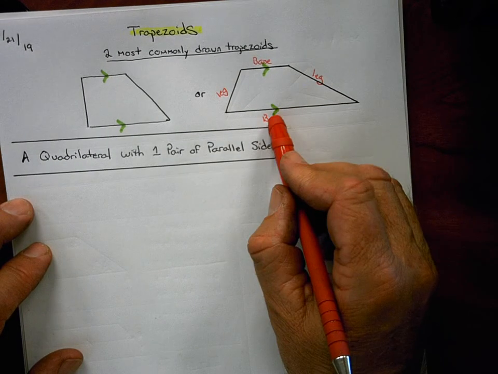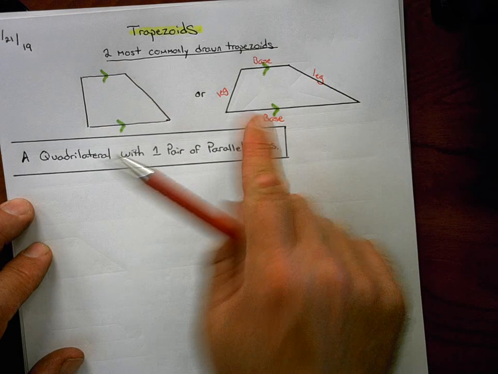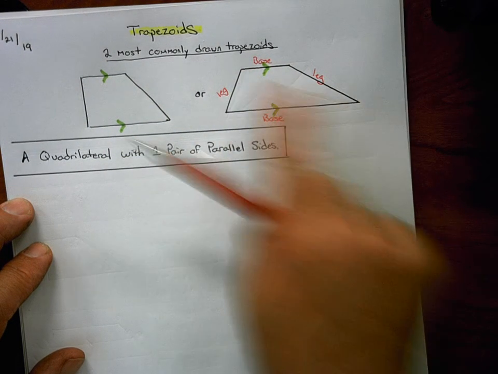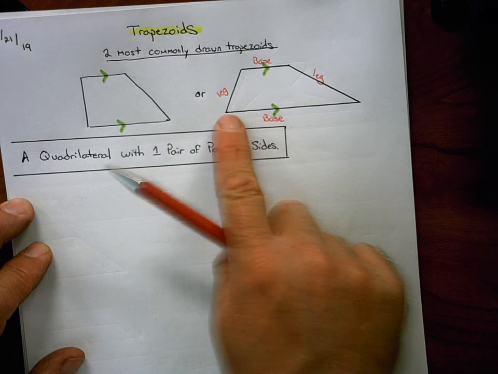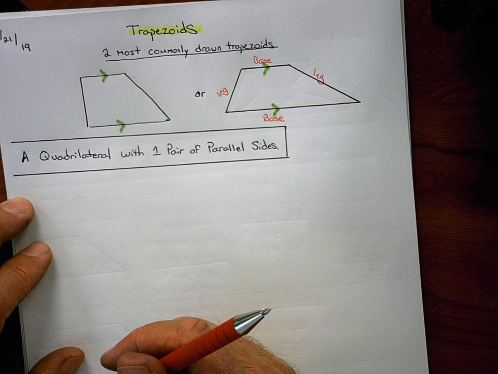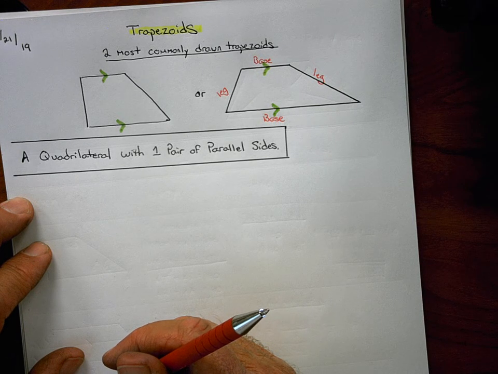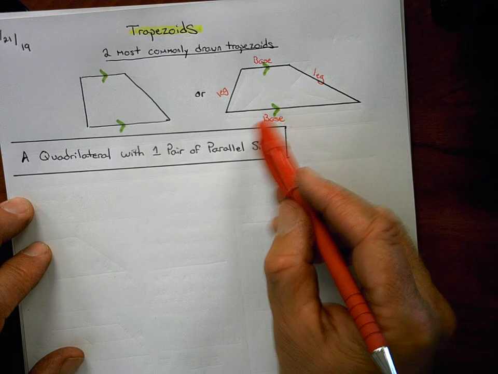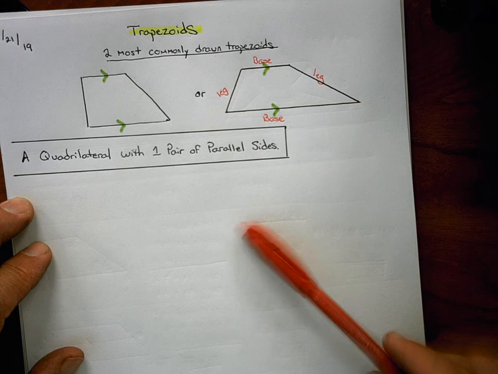Okay, and then there's something you notice when you look at a trapezoid, either one that I've drawn here. If you compare the length of the bases to each other in either trapezoid, how do the lengths of the bases compare? Are they different or are they the same? Different. They are different. Okay? The bases will always be different lengths.